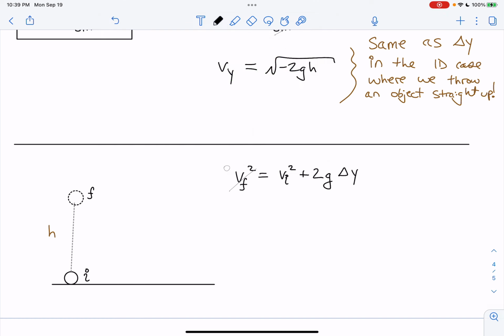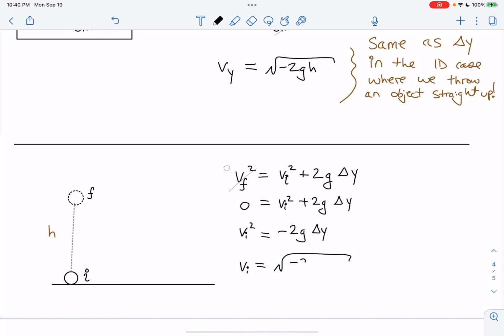Okay, and so then we've got 0 is equal to vi squared plus 2g delta y, and then we're just going to isolate for our vi. So let's bring the vi squared over. So now we've got negative g delta y, and then we have to take the square root. So we've got vi is equal to the square root of negative 2g delta y.